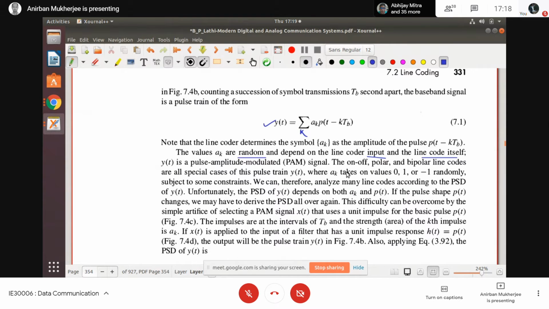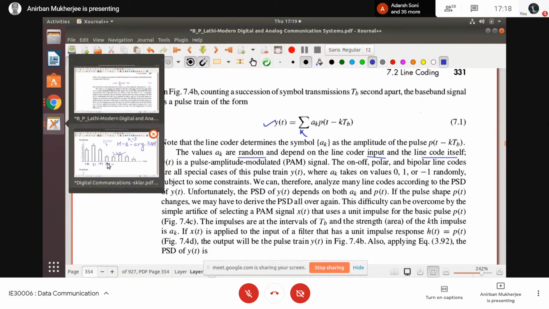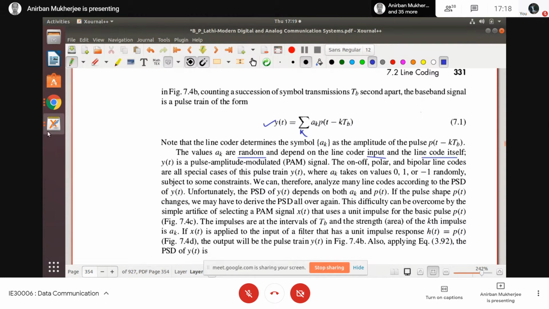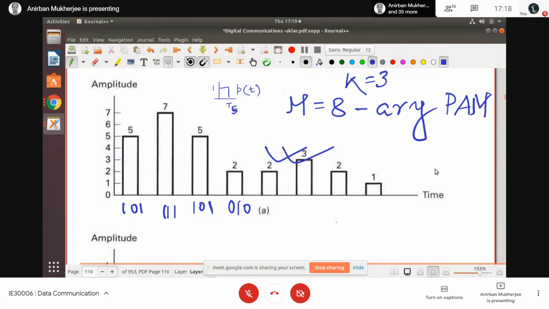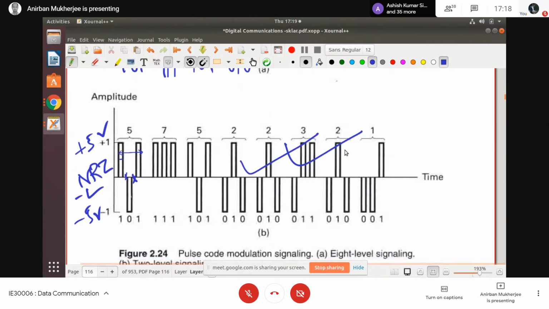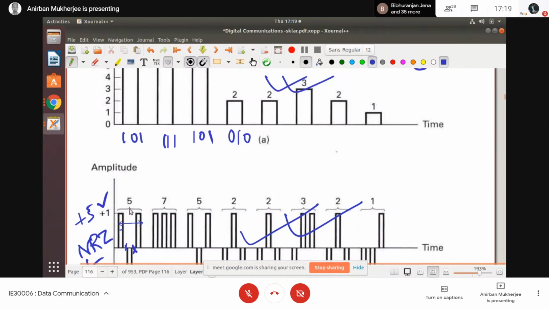Now depending on the line code, AK takes on certain values. Say, for this type of code, AKs will be either +1 or -1. Or not this one.